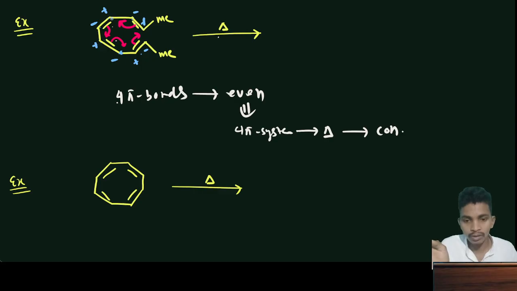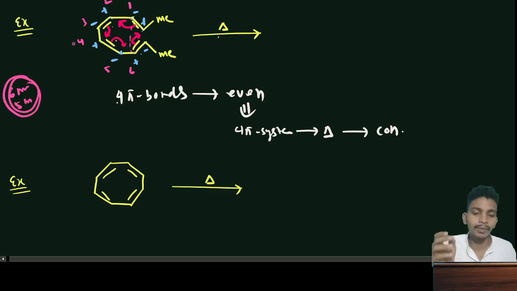Or if I rotate here, then this is going to be the negative charge and this is going to be the positive charge. So we can make the bonds. Let's say if we make the bonds from here, this is 1 2 3 4 5 and 6. If we make the bonds here, then a 6-membered ring will form, and a 6-membered ring is stable. 6-membered rings and 5-membered rings are the stable rings.